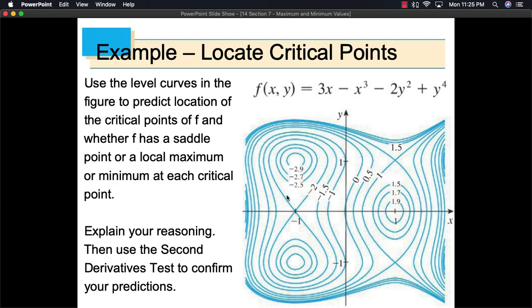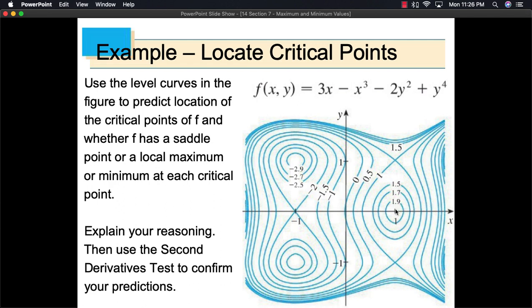So for example, notice here that I start on this level curve. It's negative 2.5, but then all of a sudden the numbers start going down, down, down as we get closer to this little oval here. We can pretty much assume that it's symmetrical. Look over here though.